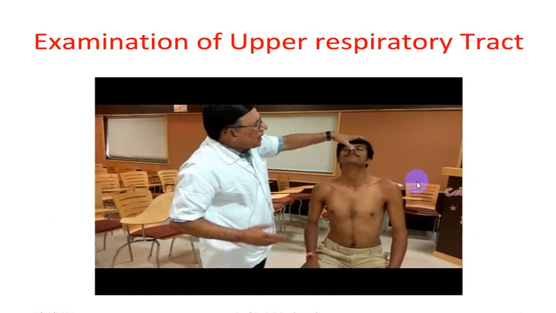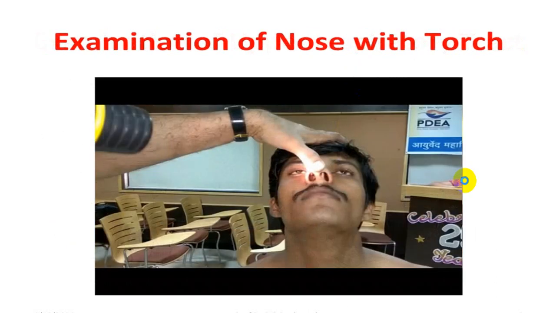So for nasal cavity examination, have a good torch light, and you can use a nasal speculum also. In a nasal cavity, try to rule out polyp, foreign body, any growth, any discharge, maybe blood, maybe mucus, or maybe purulent discharge.